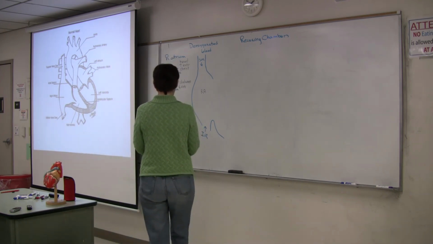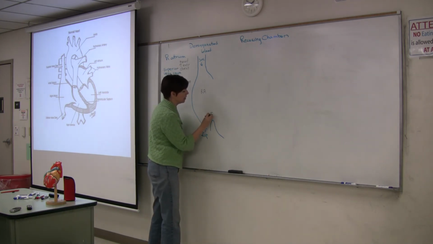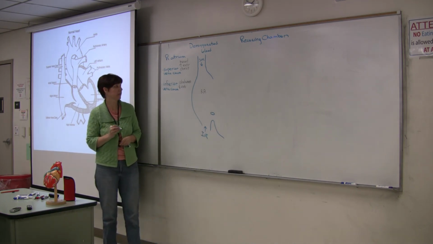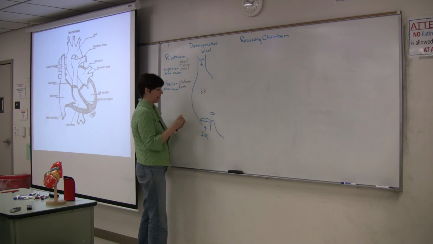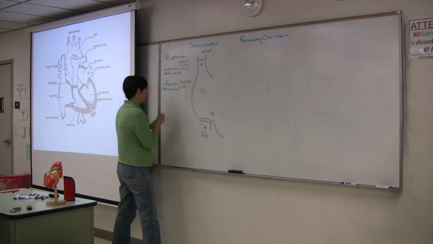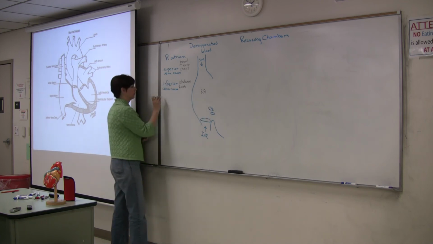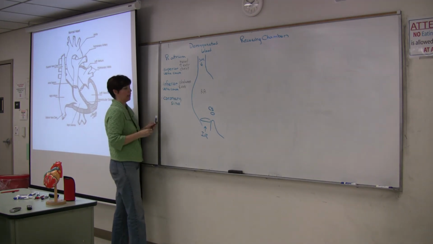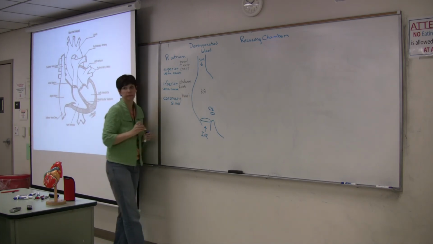So that opening, it's not shown on this diagram here, but I'll show it to you in a moment, is right near the opening for the inferior vena cava. So if this was our opening for the inferior vena cava, it's right next to that. And that is known as the coronary sinus. It's like a very large vein, and that is coming from the heart.